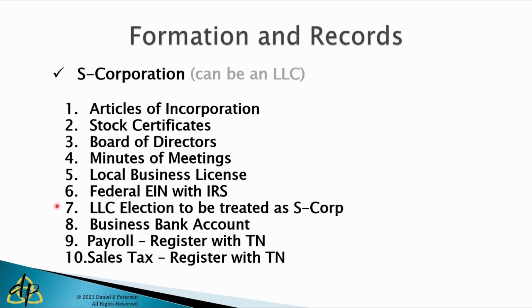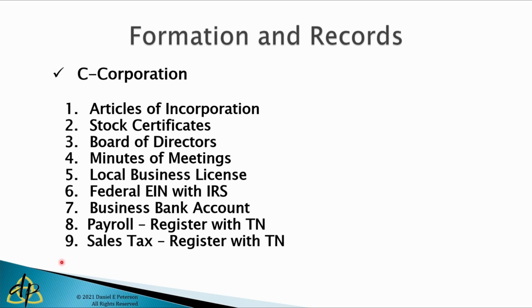But again, the S corporation is going to be its own entity and will need a federal ID number from the IRS. It will need to register for its business license at the local level. And then it will use that federal ID number for its business bank account, payroll registration with Tennessee, and sales tax registration with Tennessee. Let's move on to the C corporation.